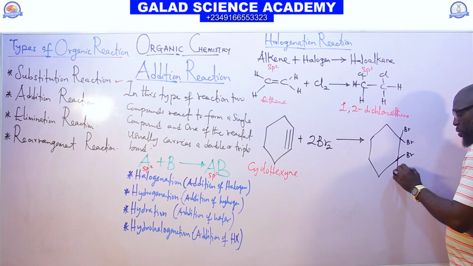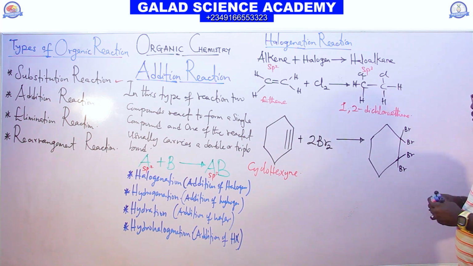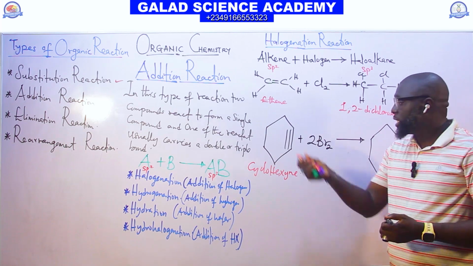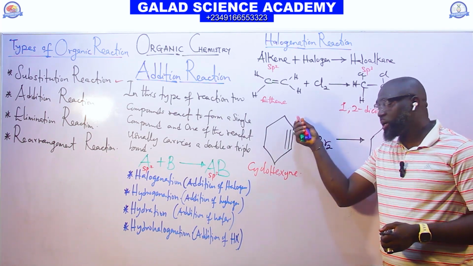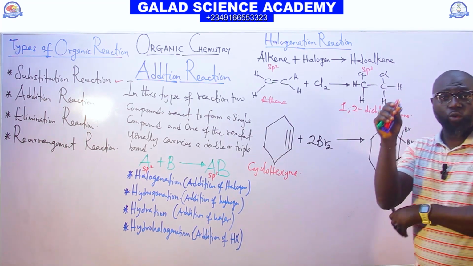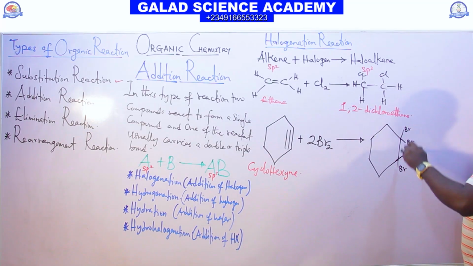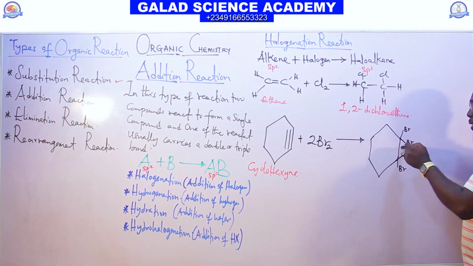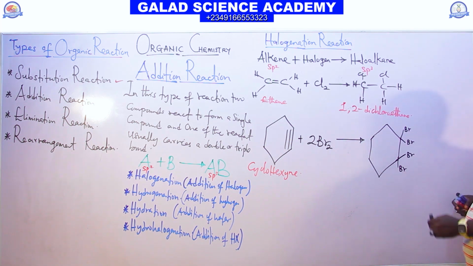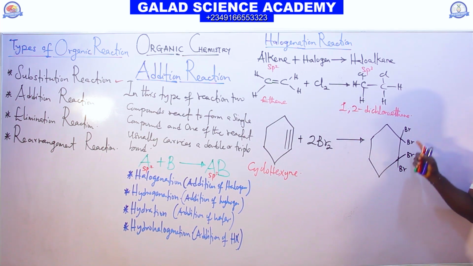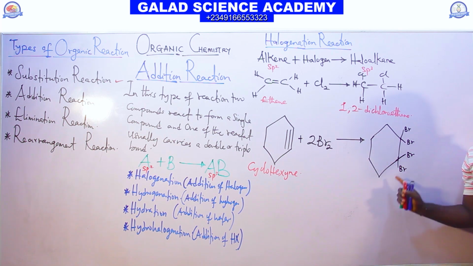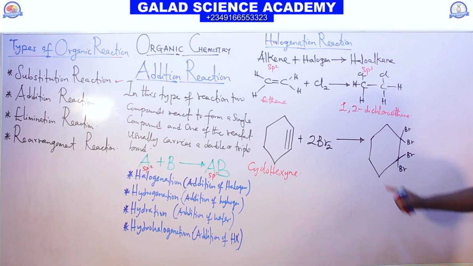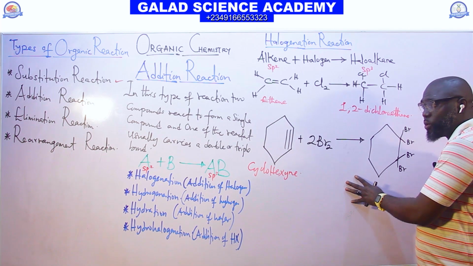The bromine will attach to the 2 carbons that contain the triple bond. And this will be 1,1,2,2-tetrabromocyclohexane.